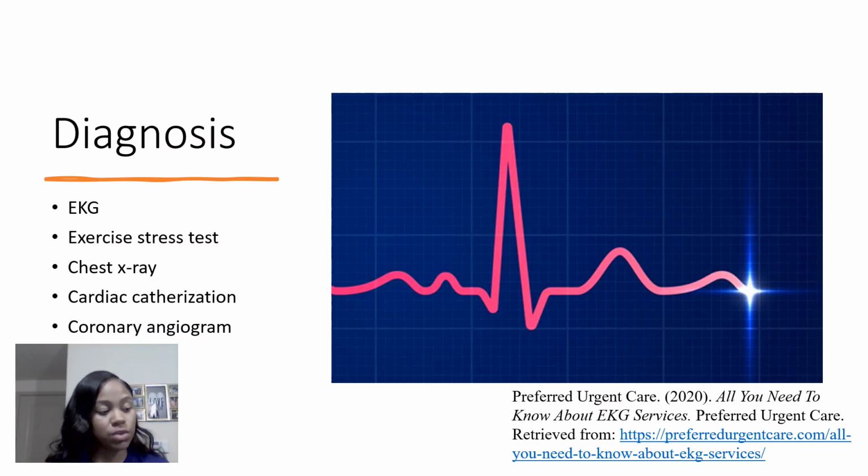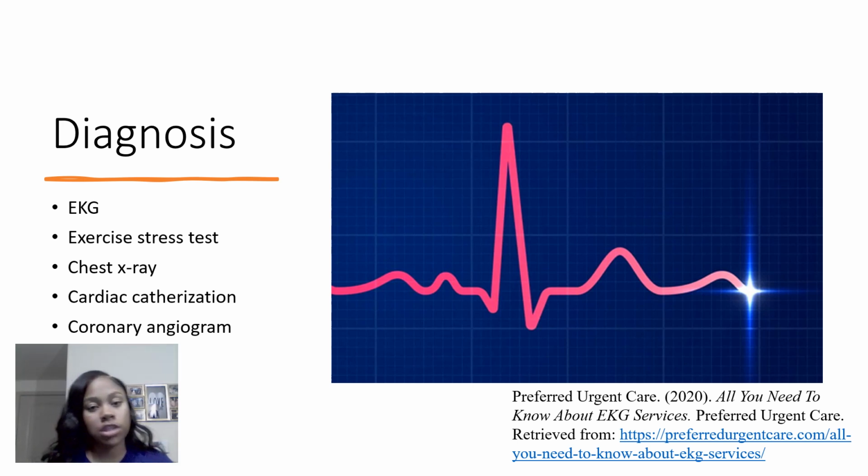So in order to diagnose CAD, there's a couple of different ways that doctors choose to go about it. One of the ways is the EKG, which just measures the electrical activity, rate, and regularity of the heartbeat. Then there's the exercise stress test, which is basically they put you on a treadmill and monitor your heart rate.